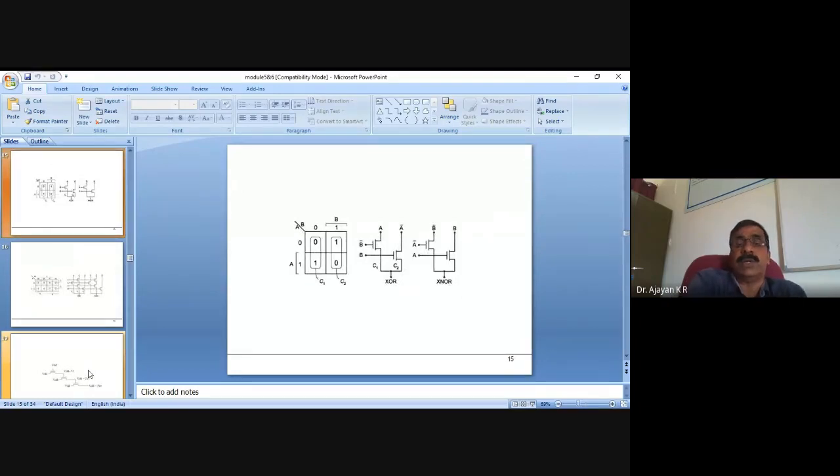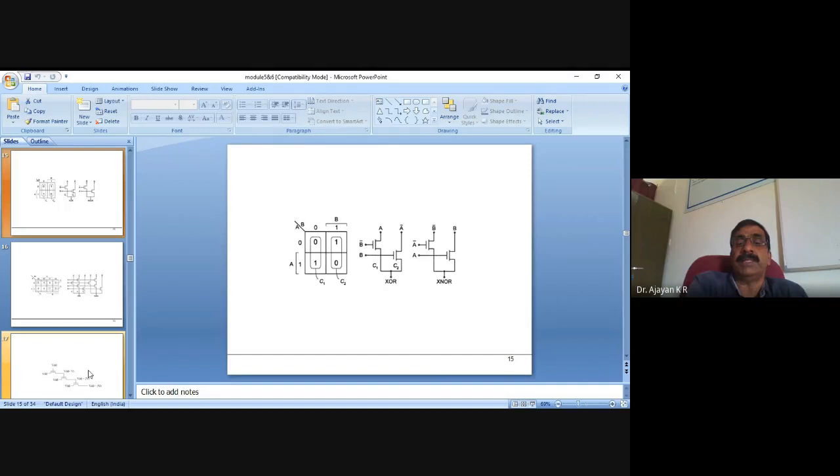Now take an XOR operation. XOR can be implemented, both the things are shown here. That is how an XOR can be implemented. XOR output can be implemented as a function of A or a function of B. That is, if you are taking B as the control, then you can identify that B is equal to 0 means A is transferred.